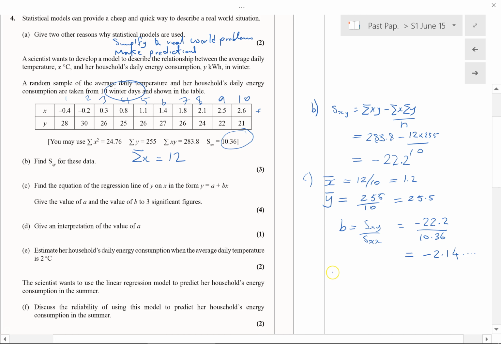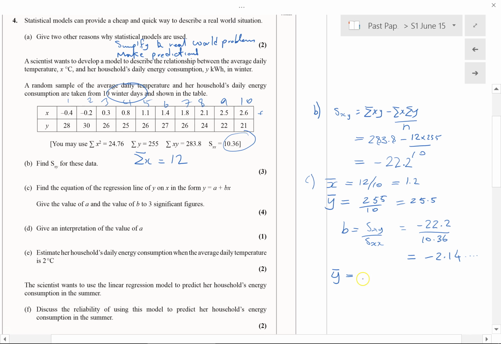Now to work out a, there is a formula for it, but I'm not going to actually use the formula because we really shouldn't need it. It is there, I'll show you in a moment, but y bar must fit, the mean point must fit onto our regression line. So y bar must be equal to a plus b x bar.